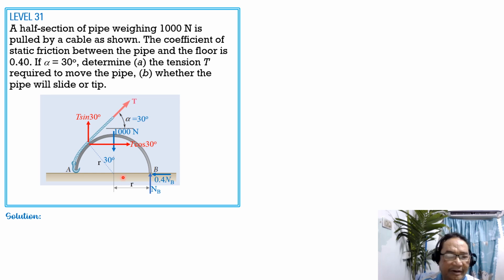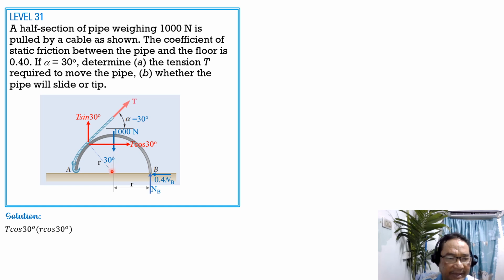Then let's have our equation, summation of moment about B equals 0. Take note that when the half section pipe is about to tip, there's no normal reaction at A, so there's also no friction at A. So the moment of the horizontal component of tension is T cosine 30 degrees times the moment arm.